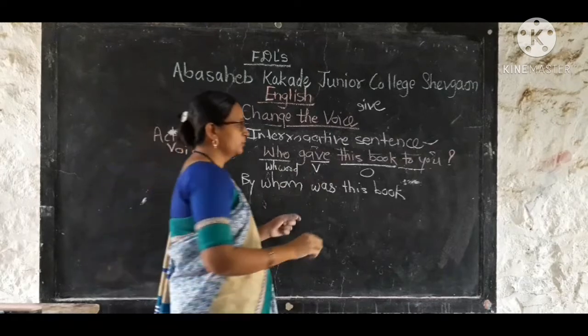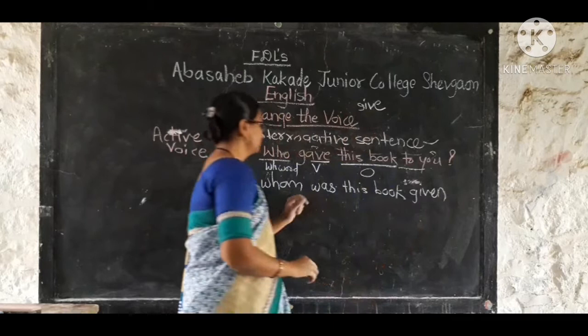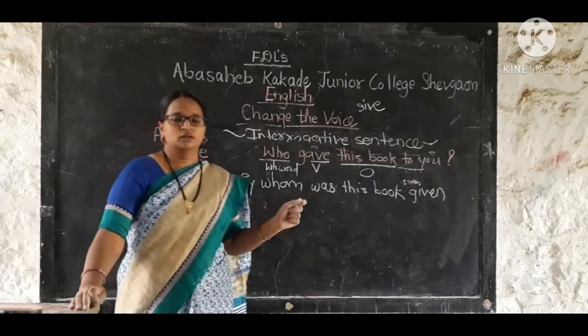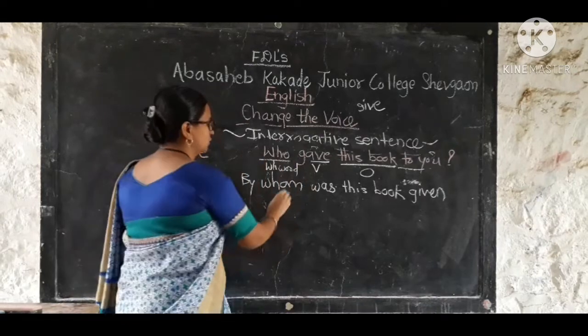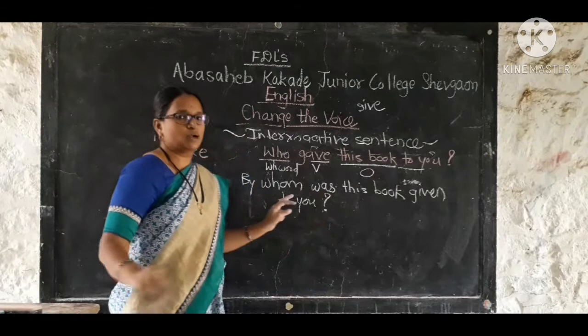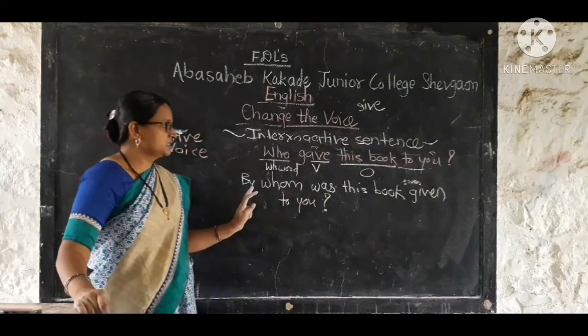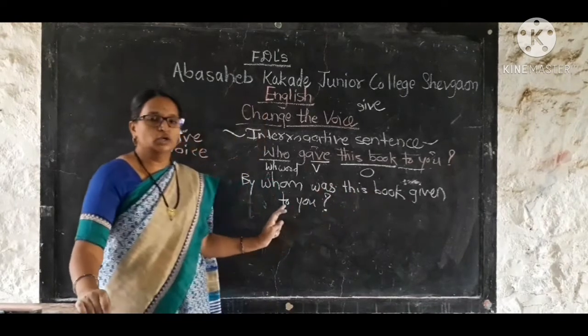Third form of the verb give is given. Then we have to use the remaining sentence, to you, and then question mark. Now our sentence will be like this: By whom was this book given to you?